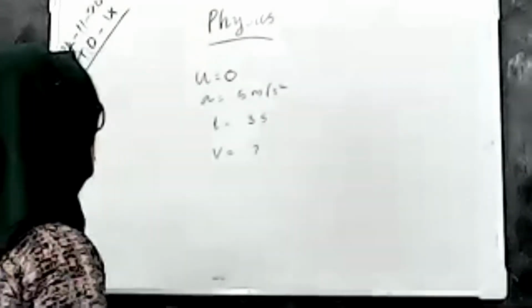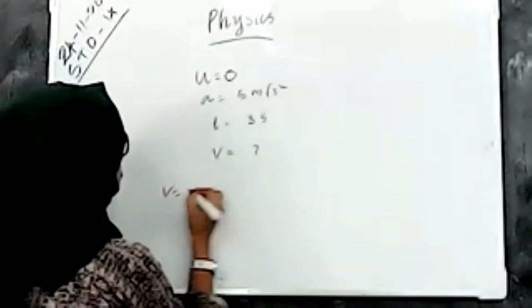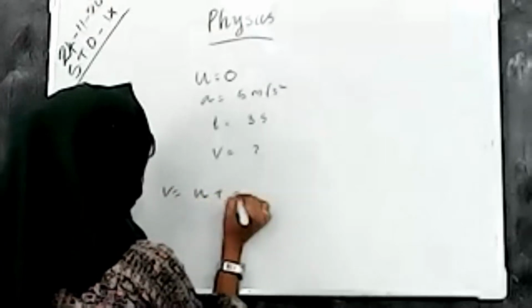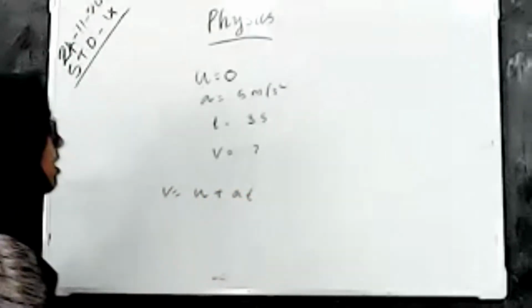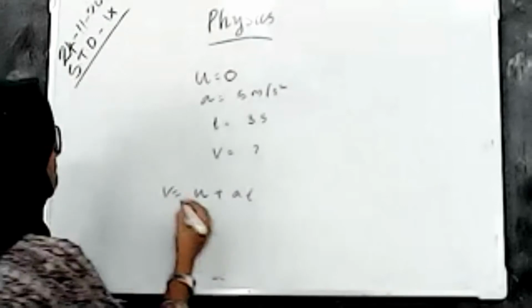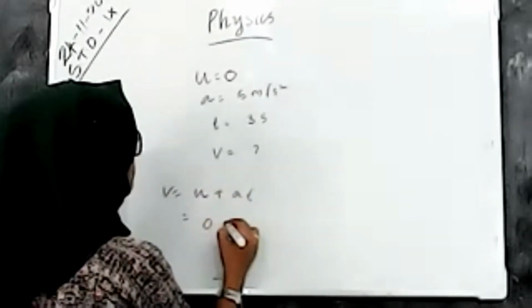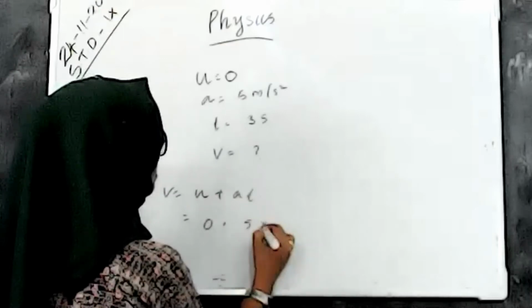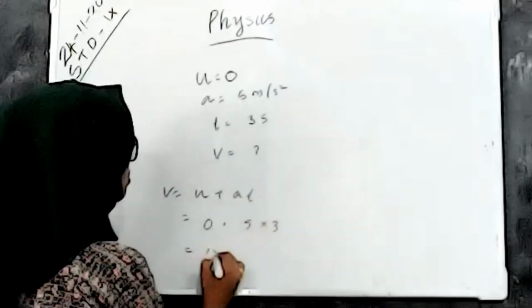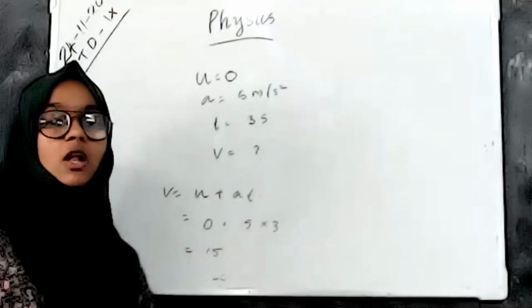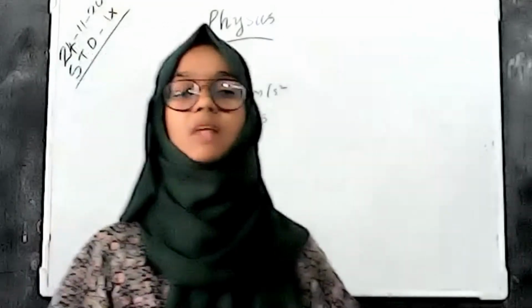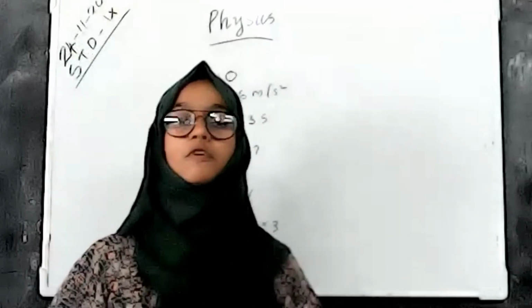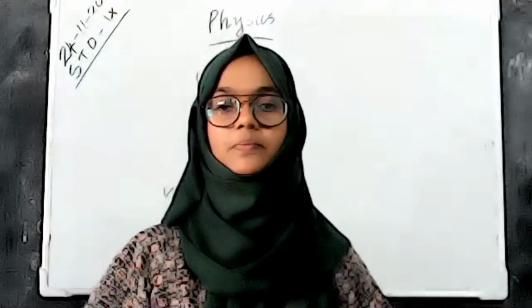So we have an equation, V is equal to U plus AT. Substituting U is 0, A into T, that is 5 into 3, which is equal to 15. So the final velocity of this body is 15 meter per second.